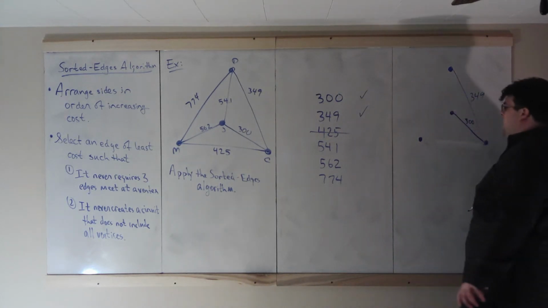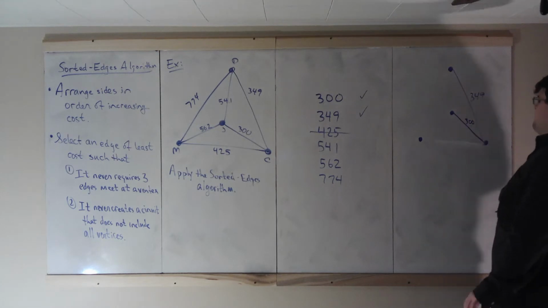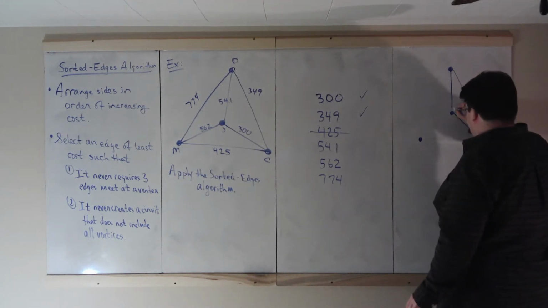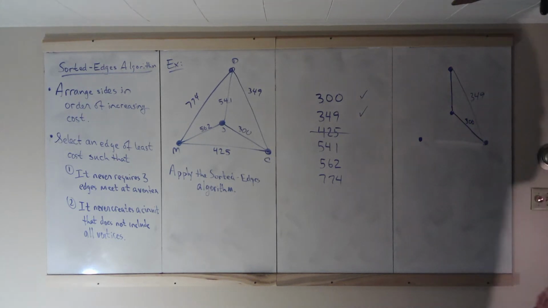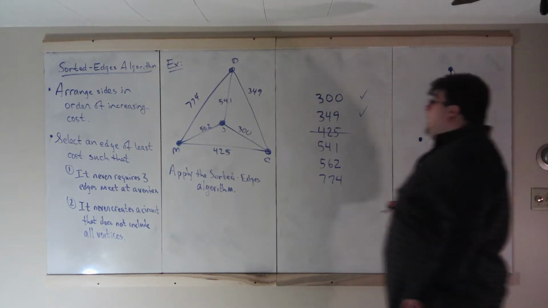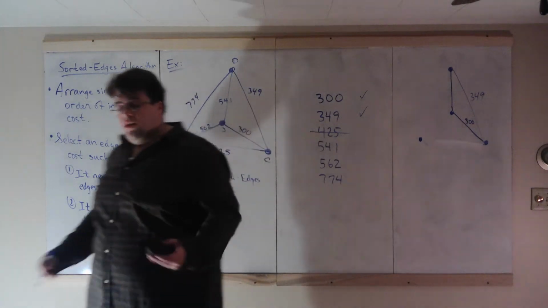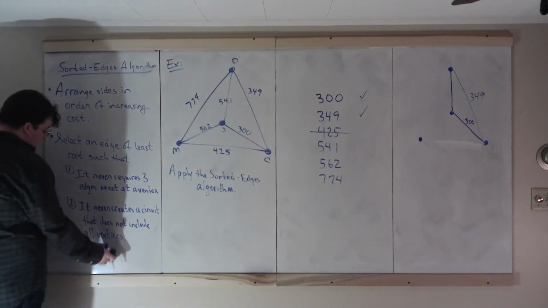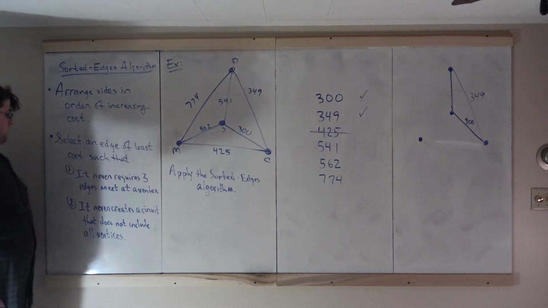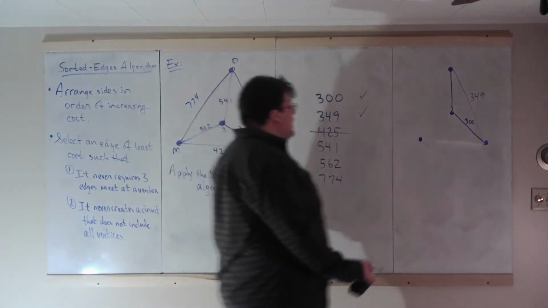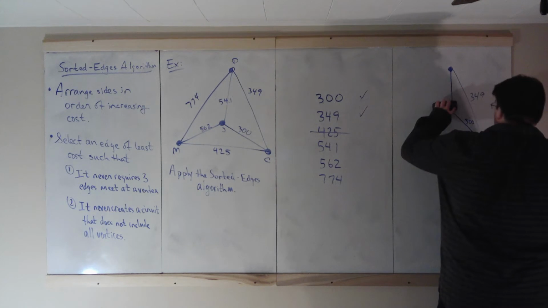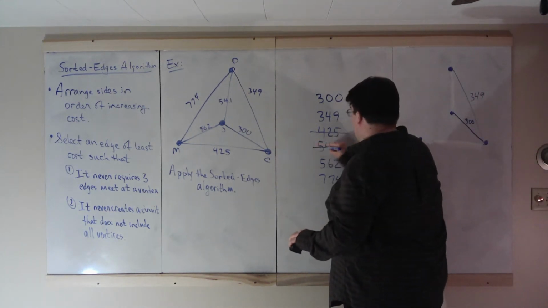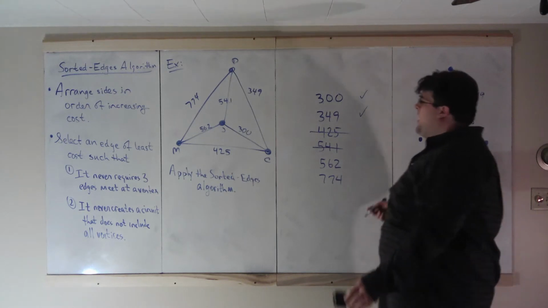What's the next one? 541. Which one is that? 541 is that. Well, that creates a circuit, but it's a circuit that doesn't hit all vertices. So we cannot add that. It violates number 2 over there. From there, can we add 562?